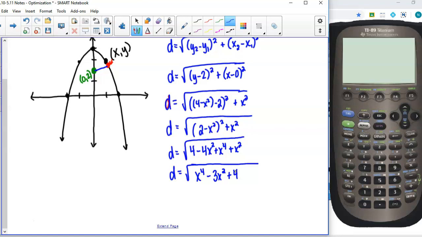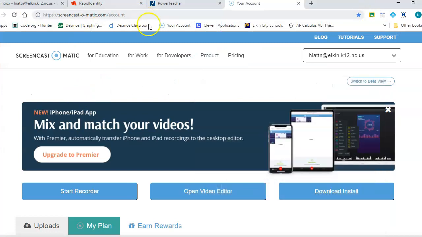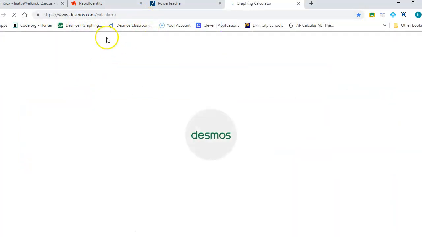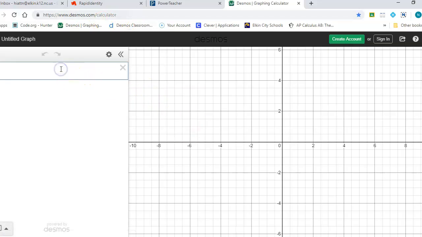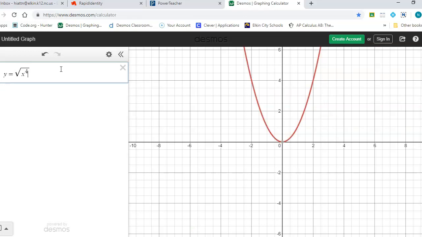Let's just look at this. Let's pull it up on Desmos here. I think that'll be our easiest way to look at it. Let's look at this. Y equals square root of x to the fourth minus 3x squared plus 4.